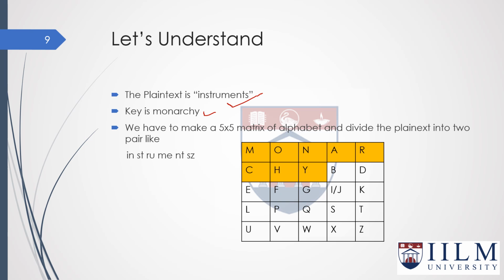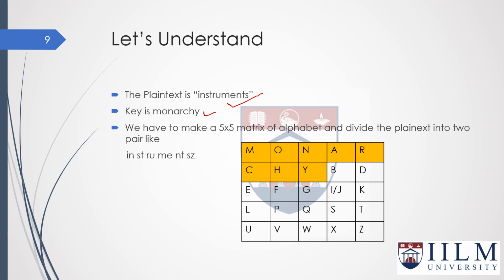So we need to adjust two alphabets in a single location. Okay, so let's create the matrix first with the help of the keyword.